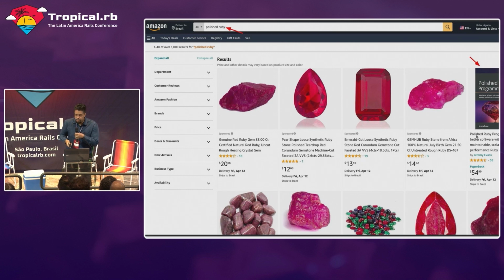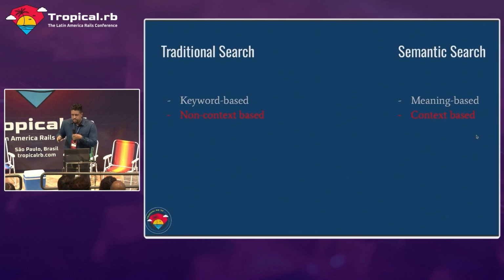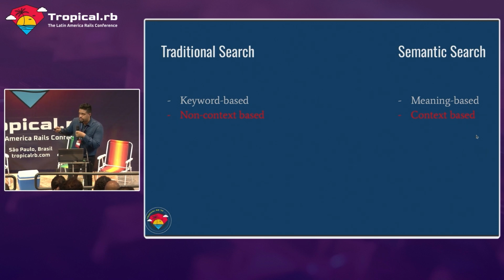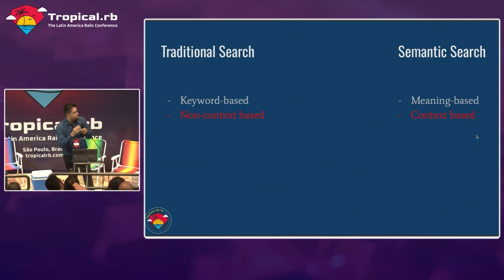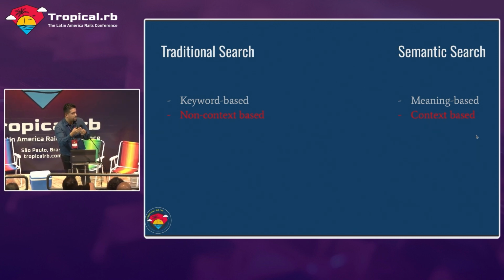This is the meaning involved. Context-based. In the traditional search, there's no context, as we said. So the user only types what he's looking for, and then we are just going to check for that criteria that the user typed, and then we're going to check in the database. Only that.